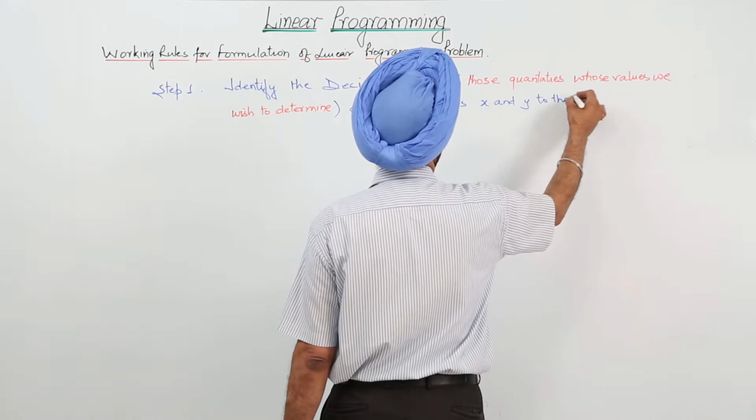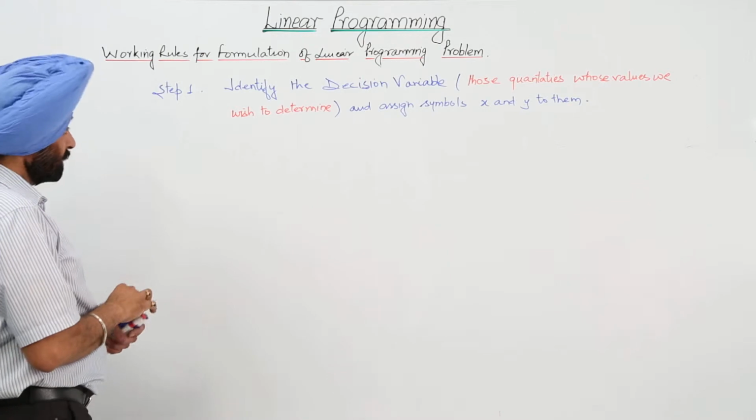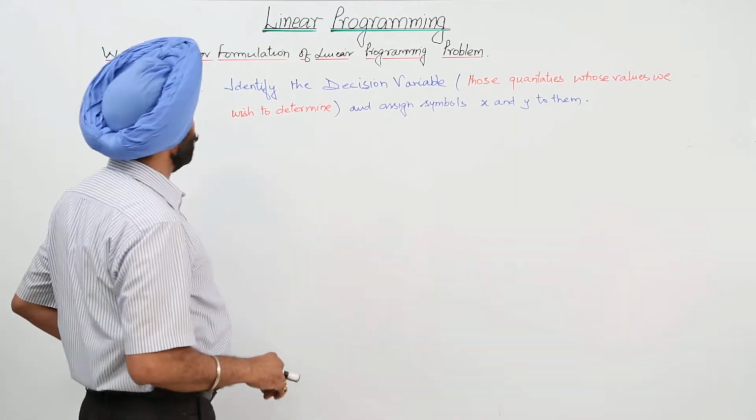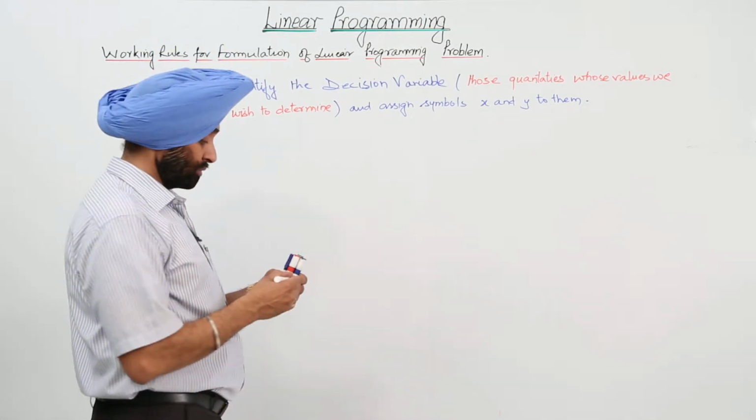So this is the very first step. Identify the decision variables, which are those quantities whose values we wish to determine, and assign them symbols x and y. Okay.